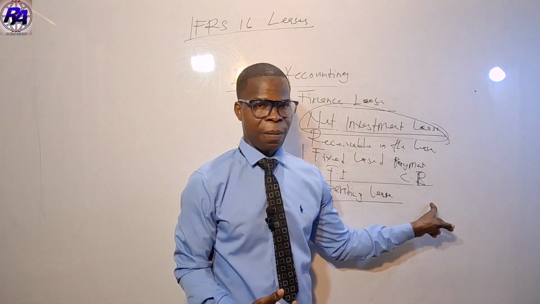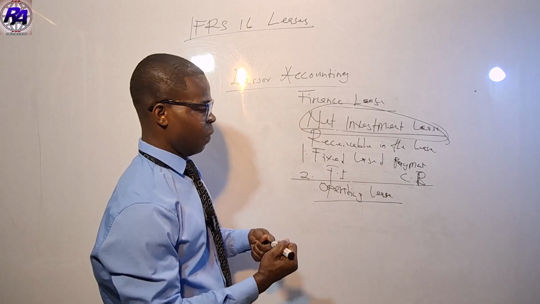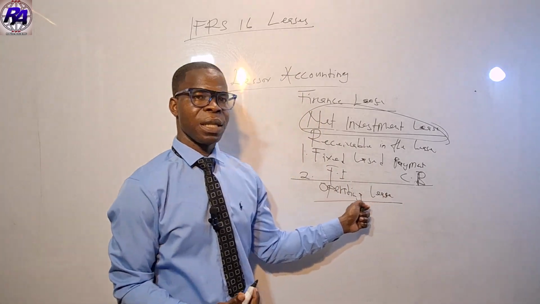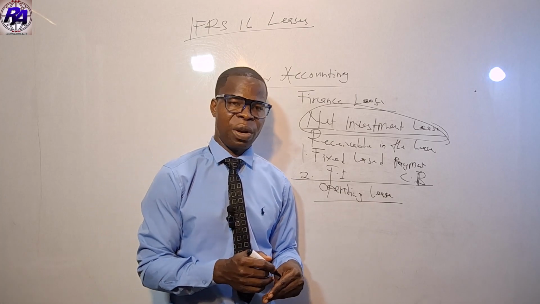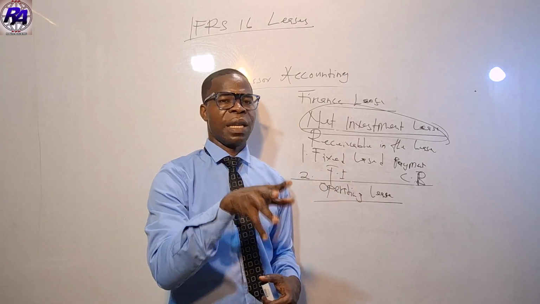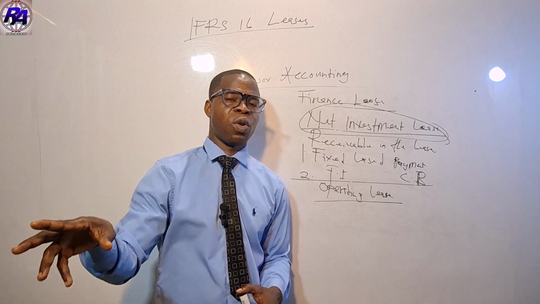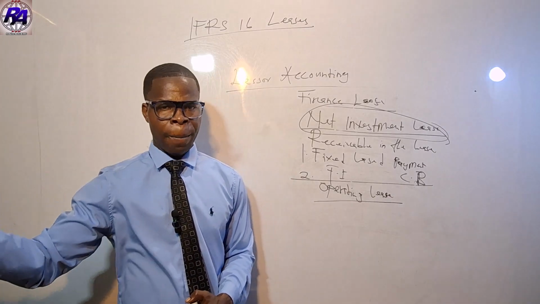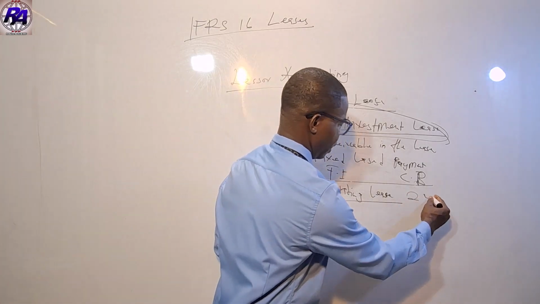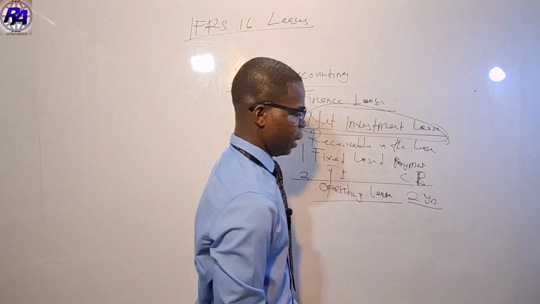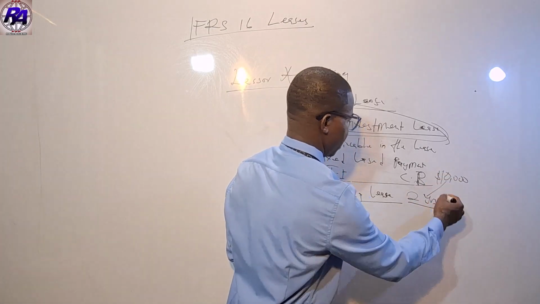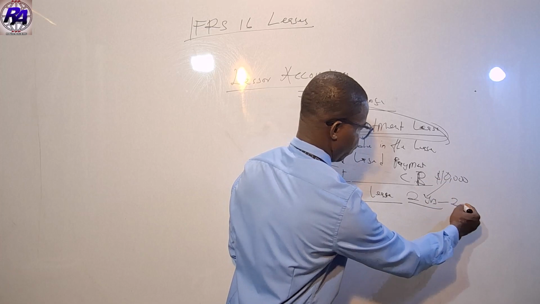So what it means is that if the lease is an operating lease, the asset will not be found on the statement of financial position. It will barely be treated in the statement of profit or loss and other comprehensive income. So if we are looking at maybe a 2 year lease, let's say the first payment is $10,000 and the second payment is $20,000.